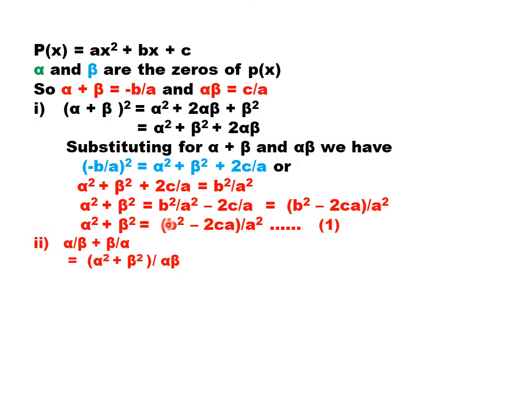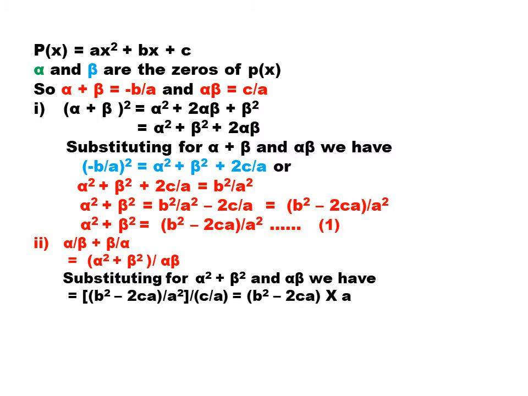The second value we have to find is alpha by beta plus beta by alpha. Taking alpha beta as LCM, this is equal to alpha square plus beta square by alpha beta. Substituting the values, for alpha square plus beta square we put b square minus 2ac divided by a square, divided by, for alpha beta, c by a.